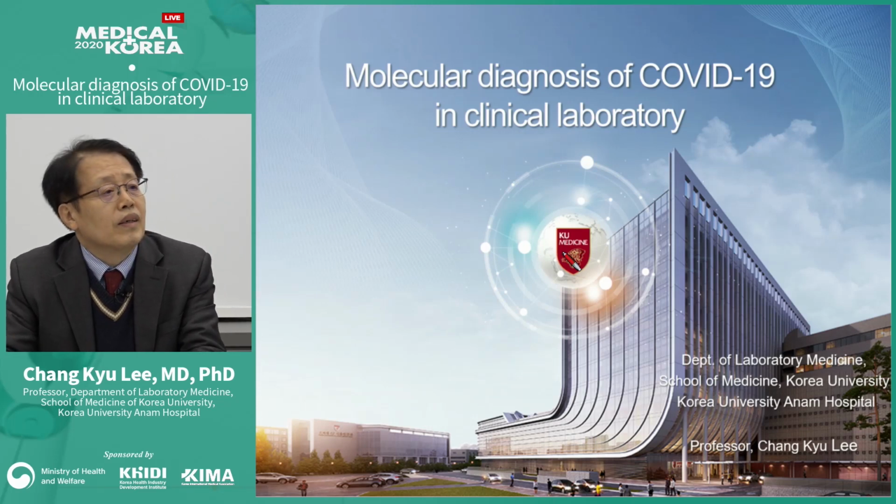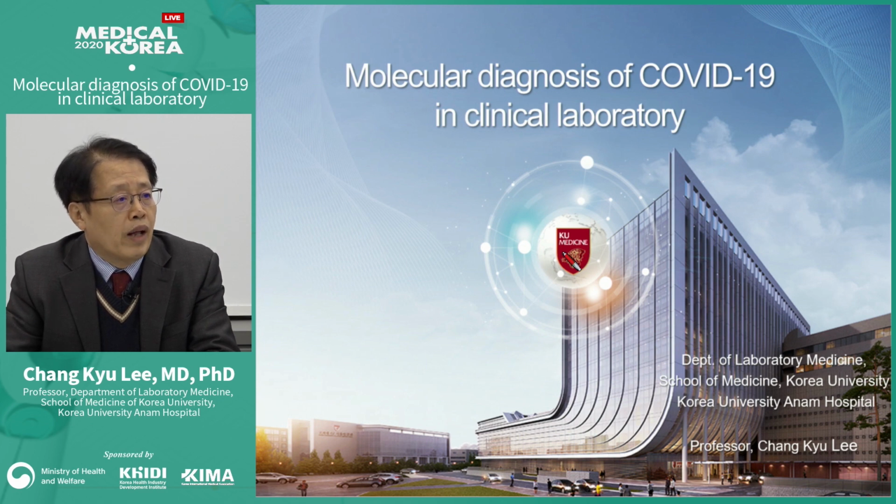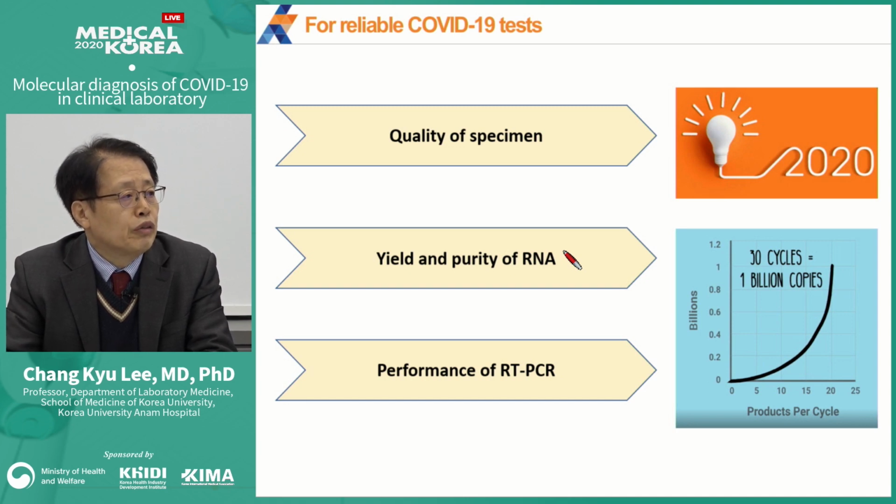Hello, everyone. Today, I would like to talk about molecular diagnosis of COVID-19 in clinical laboratory. As many of you may already know well, molecular test is the one most widely used for diagnosing COVID-19. For reliable COVID-19 tests using molecular methods, the following three components would be very important.